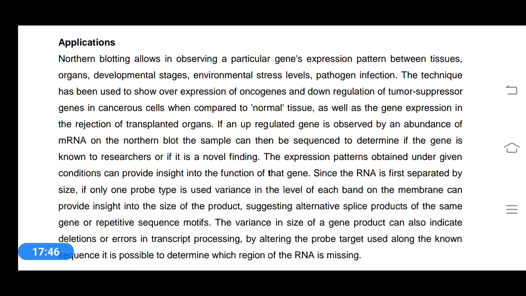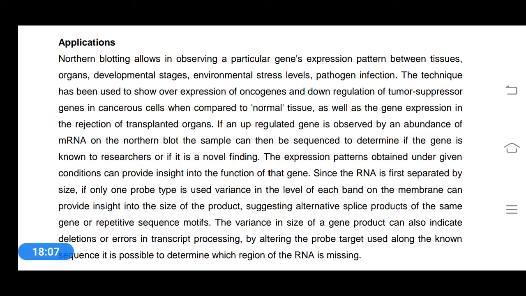Expression patterns of the gene can be identified, and RNA is first separated by size. If only one probe type is used, variance in the level of each band on the membrane can provide insight into the size of the product.